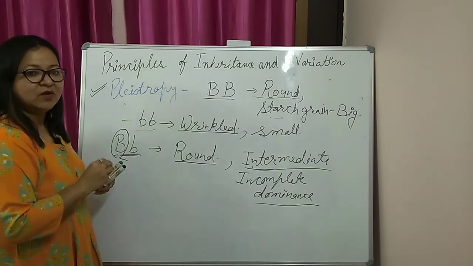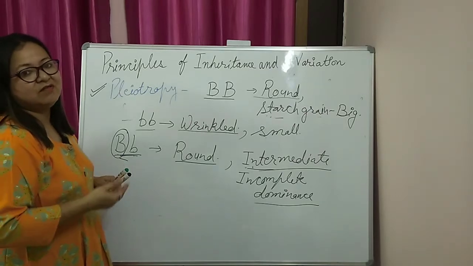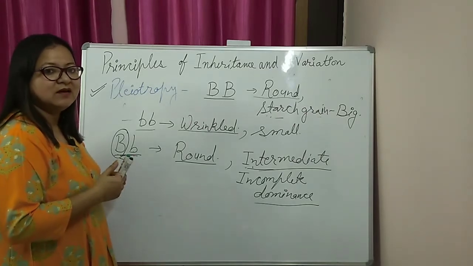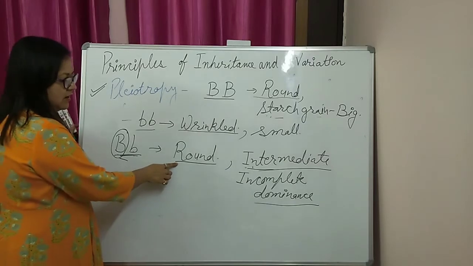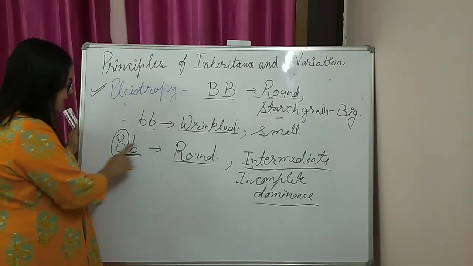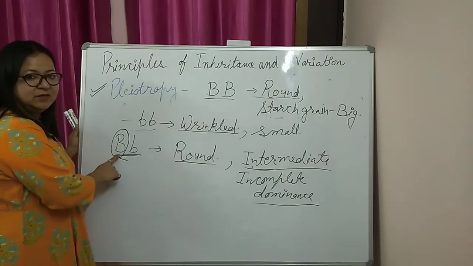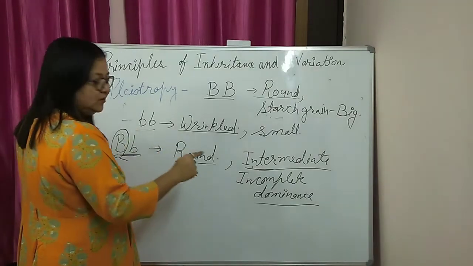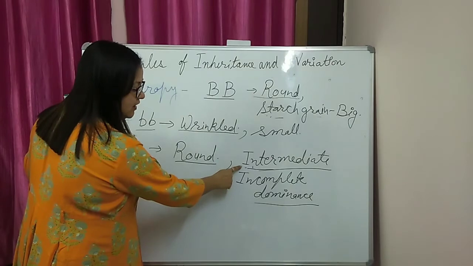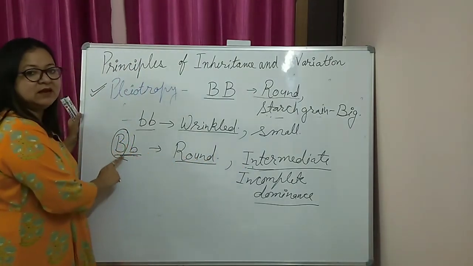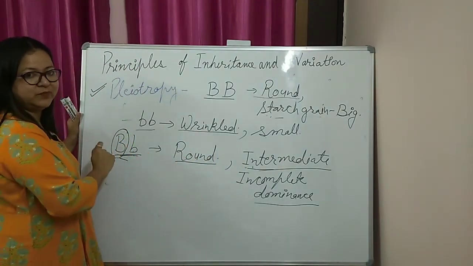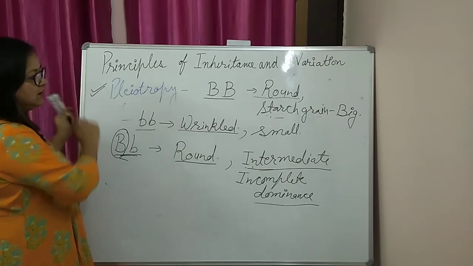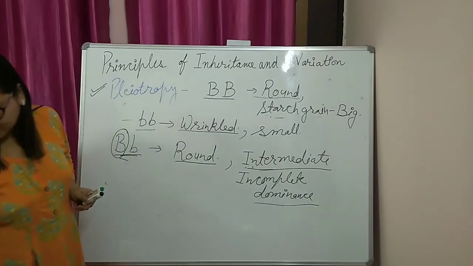Dominance depends on the expression of the product that we are concerning. If we are concerning the shape of the seed, then capital B is dominant. But if we are concerning the starch grain size, then it is incompletely dominant. So these are the two examples of pleiotropy.